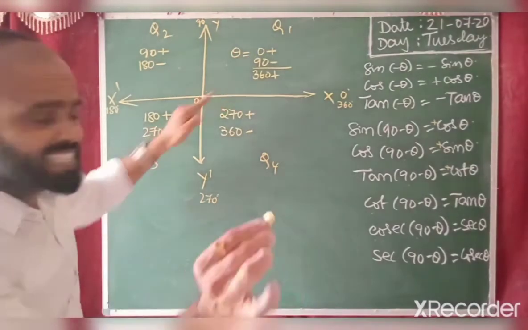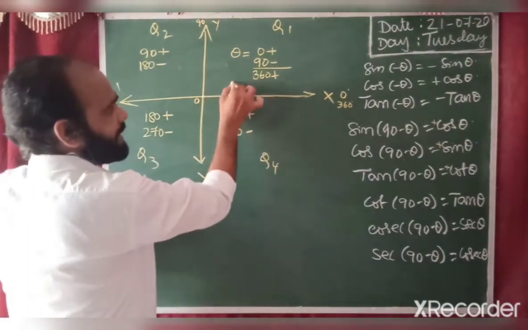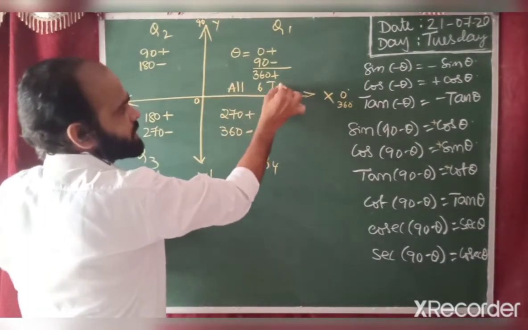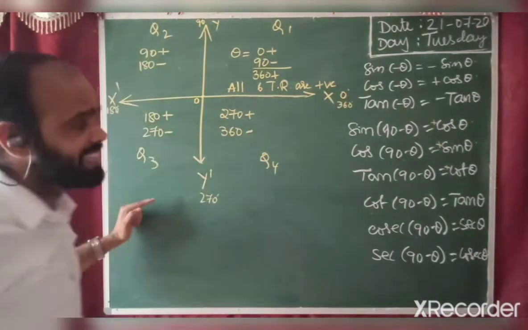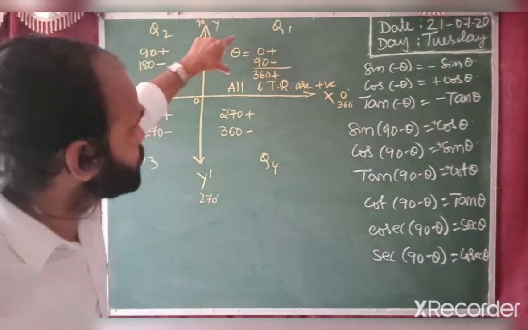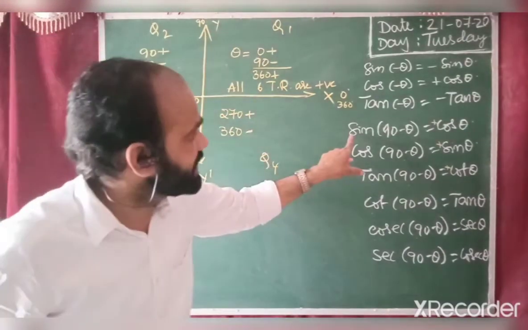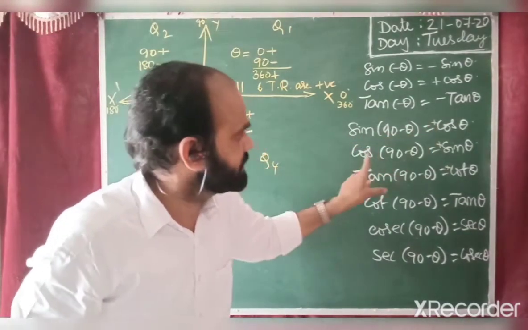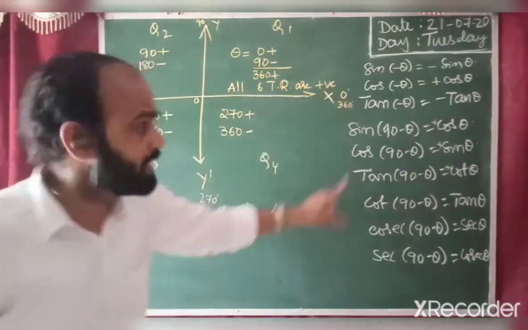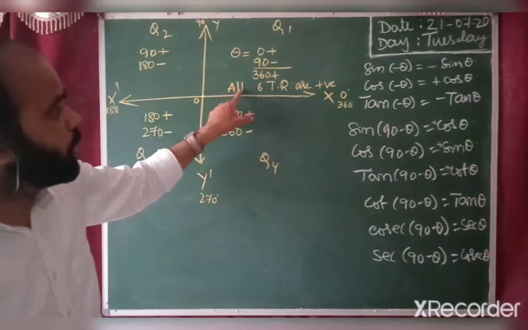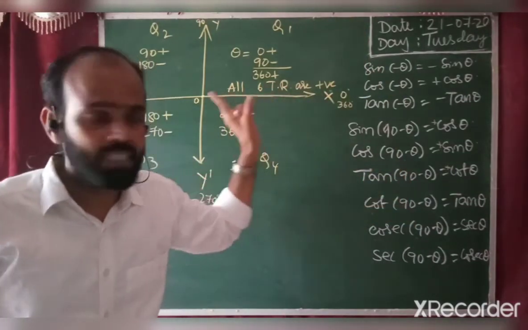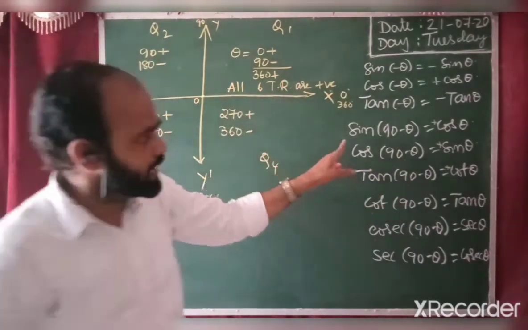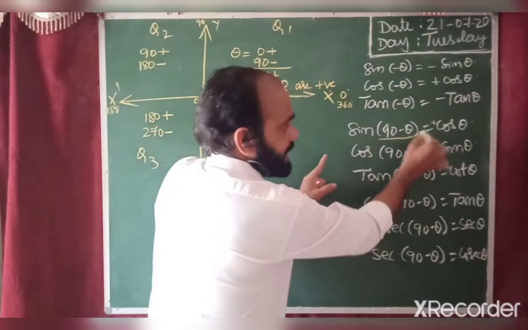So from this we can straight away say that in quadrant 1, all the 6 trigonometric ratios are positive. The first case, we know 90 minus theta is going to fall in the first quadrant. We have taken sine of 90 minus theta equals plus cos theta, cos of 90 minus theta equals plus sine theta. So in the first quadrant, all the 6 trigonometric ratios are positive because for 90 minus theta we got a plus.